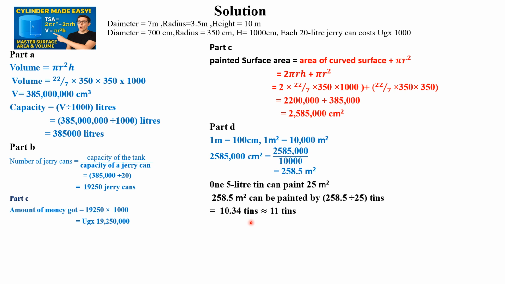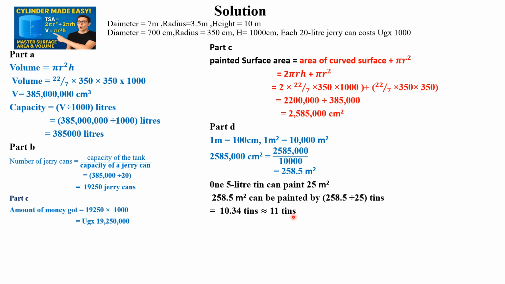So now you approximate. You don't take 10, because there is a certain surface that will remain unpainted. So it would be better, if it is 10.34 tins, to approximate to 11 tins. It's better to have more than having less.